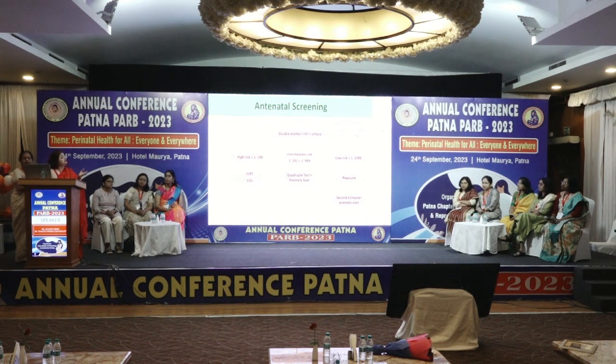And if the risk is less than 1 in 999, these women can go straight away for the level 2 scan. This concept was initially propagated by Nicolaides, but the newer one I will deal with when we are doing the cases.